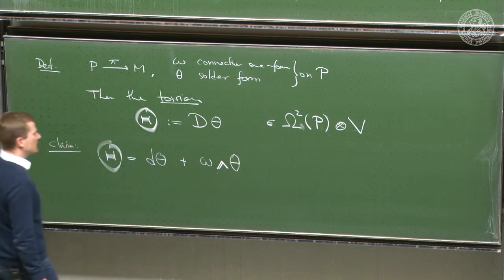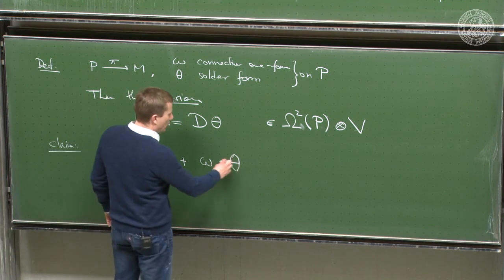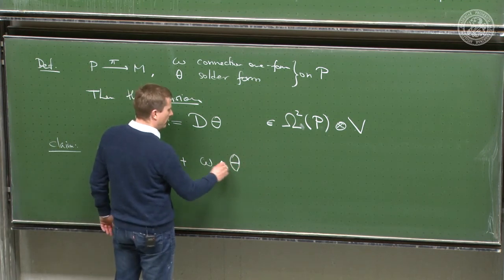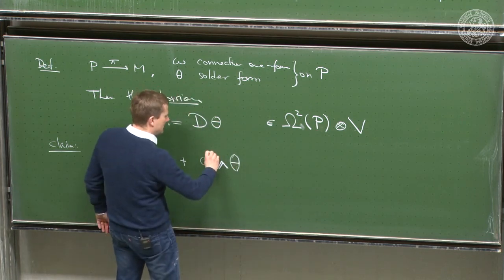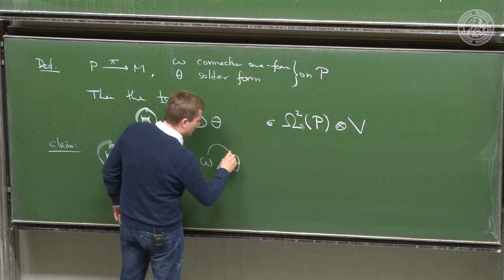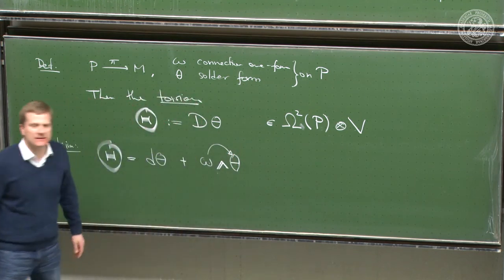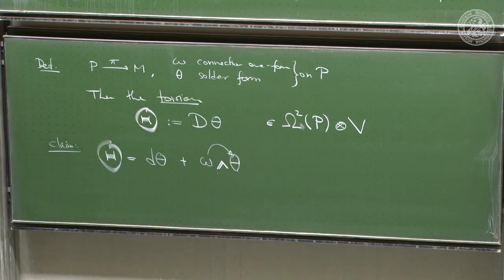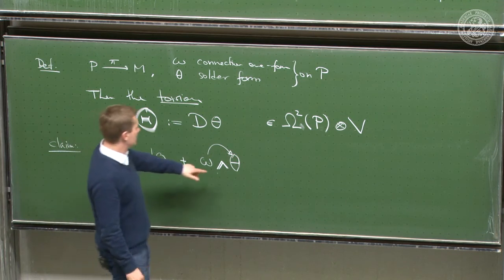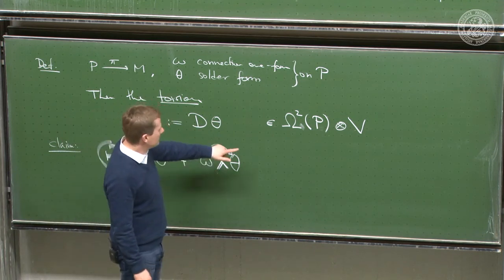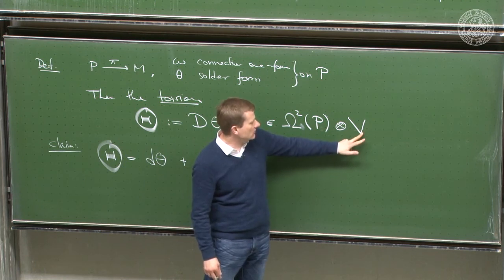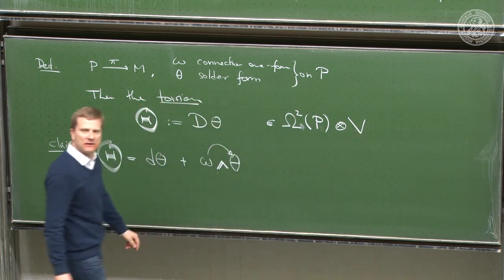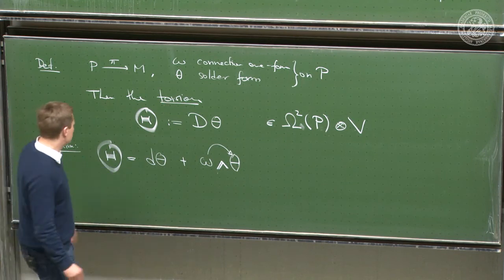It's just the idea that you take the wedge as far as the one-form character on P is concerned, but otherwise you let this Lie algebra element act on the theta, because it can, because V is a representation space of the group, but then also the Lie algebra can act on it. And that is what you do.